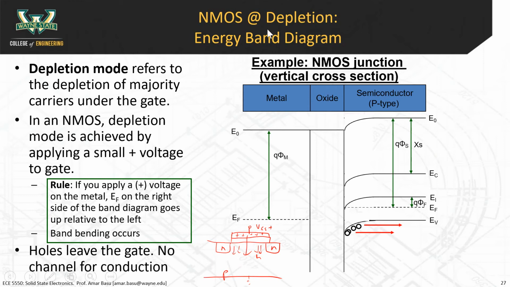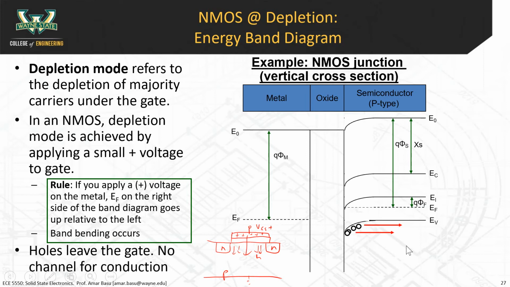That's the reason why it's called depletion. Remember, anywhere where you have a slope in the band diagram, that means you have an electric field. When you've depleted the holes away, what you're left with are those immobile ions that have a charge associated with them. So you created basically one half of a p-n junction here, the depletion region.